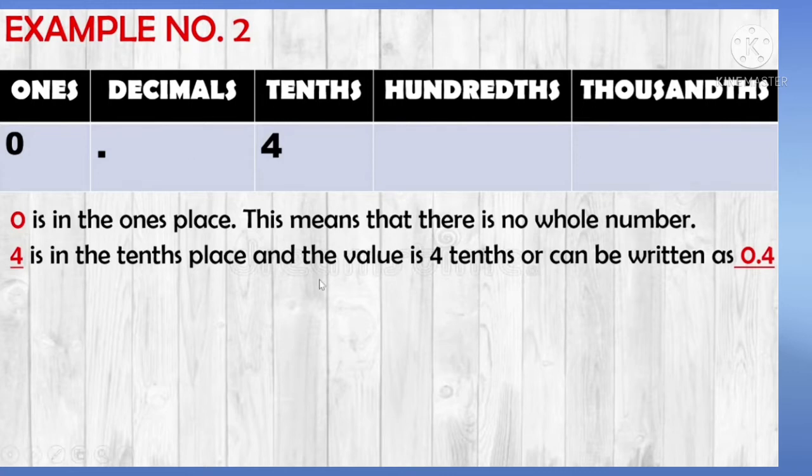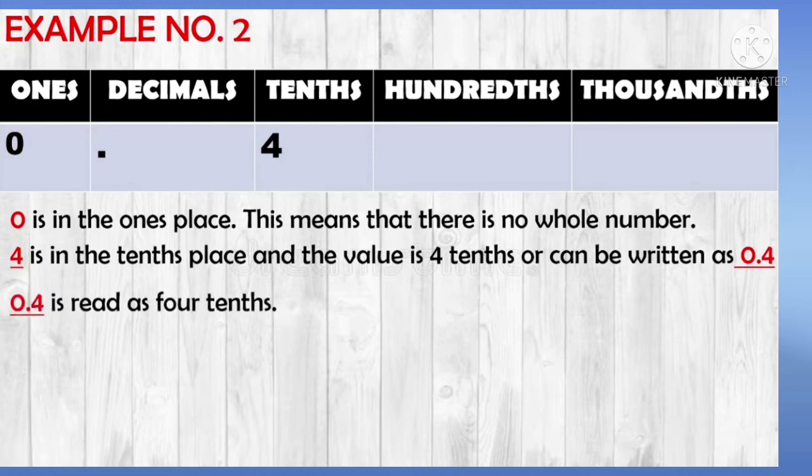Again, 4 is in the tenths place, and the value of 4 is 4/10. When asked what is the value of 4, this will be the answer: 4/10. And how to write it: 0.4.